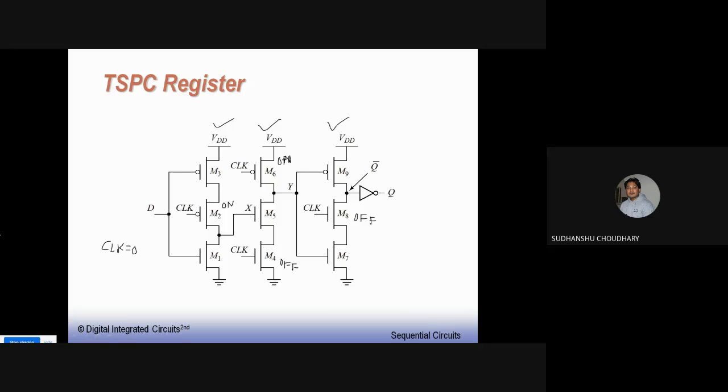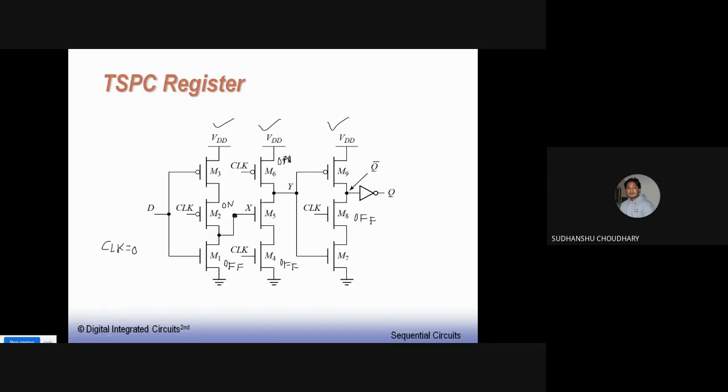Whatever D you apply, the complement of that appears over here, because this is on and M1 is off. So the complement of that comes over here at node X.